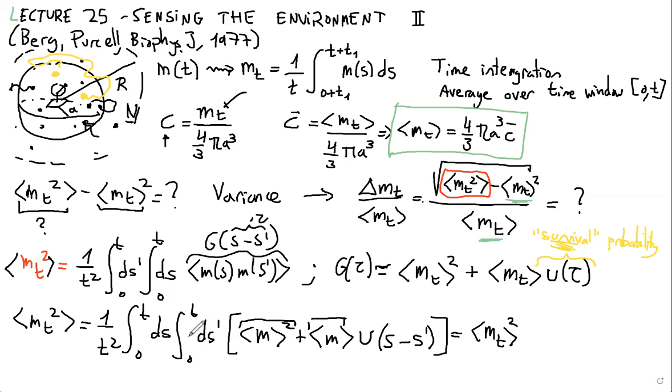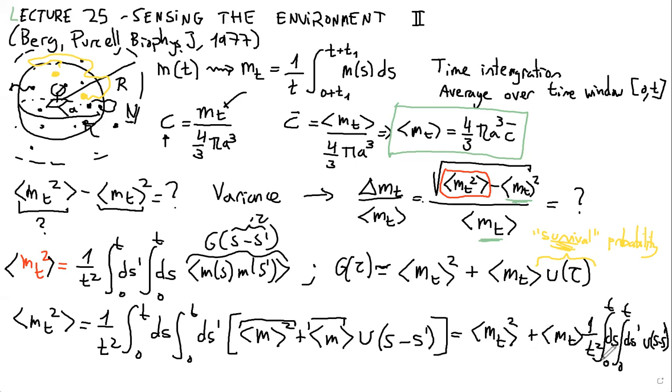Well, actually, no, you cannot do it because there's s prime, s prime. So you have to keep it like this, mt. Then there is 1 over t squared. And then integral 0 to t ds, integral 0 to t ds prime u(s minus s prime). Right?